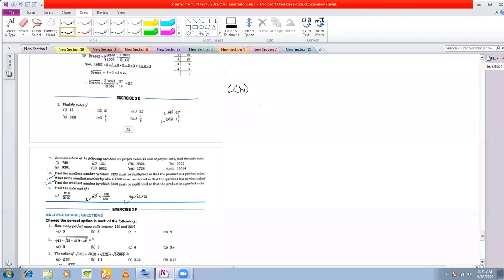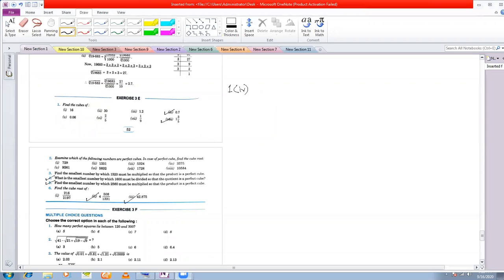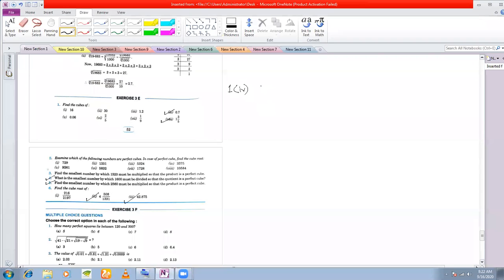Find the cube root of 0.7. Okay, in fact not cube root, but it's cubes. How to find the cubes? 0.7 cube you have to find here.